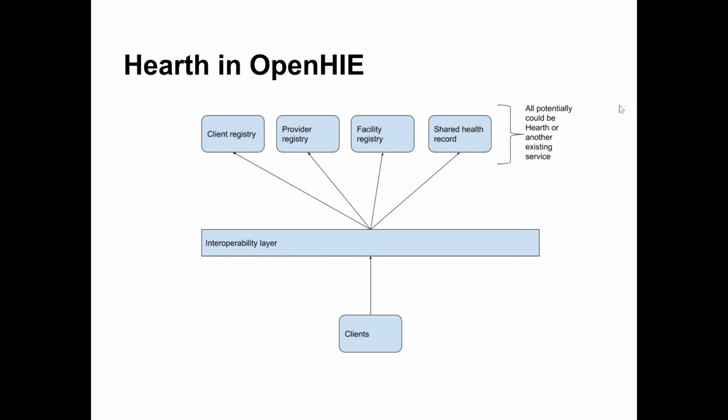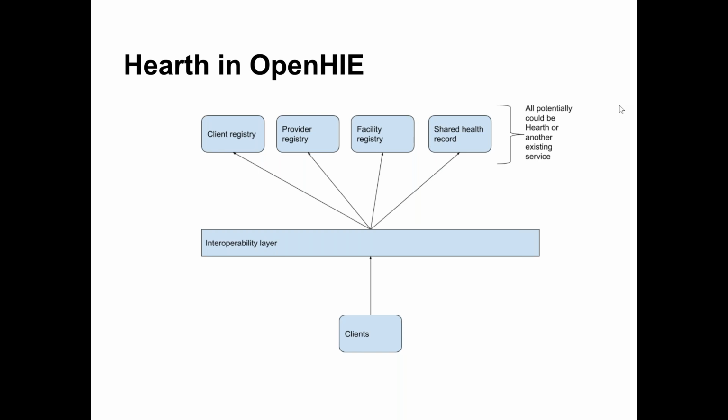Because Hearth is a generic FHIR server, it supports a number of different interesting resources that could be used for a number of different domains within health information exchanges. So there's patient resources for a client registry, there's practitioner resources for a provider registry, there's location resources for a facility registry, and there's a variety of clinical resources for shared health records.